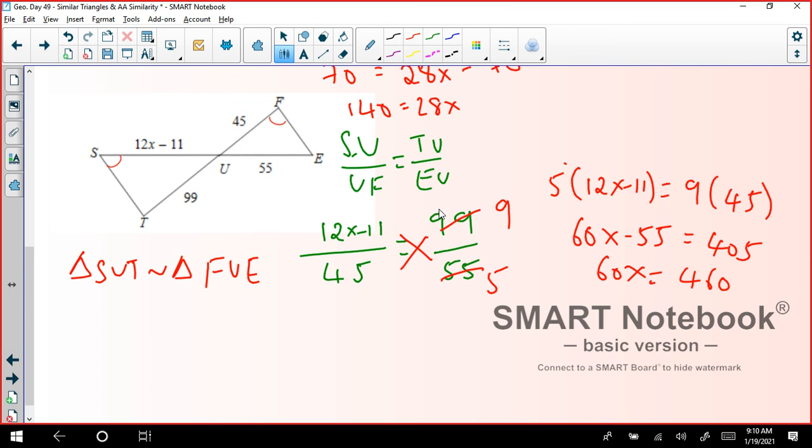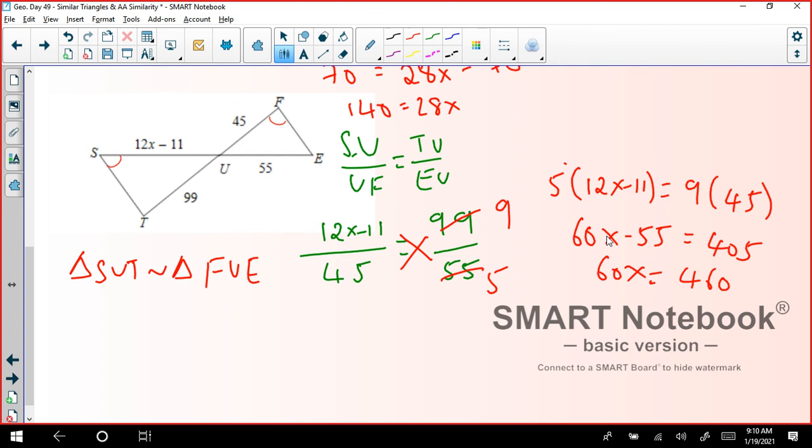Okay, 11 times 9 I can write 99 and 11 times 5 I can write 55, so I'm just left with 9 and 5. 11 will get crossed out on both. So further I'll have 5 times 12x minus 11 equals 9 times 45. So 5 times 12 is 60 and 11 times 5 is 55.